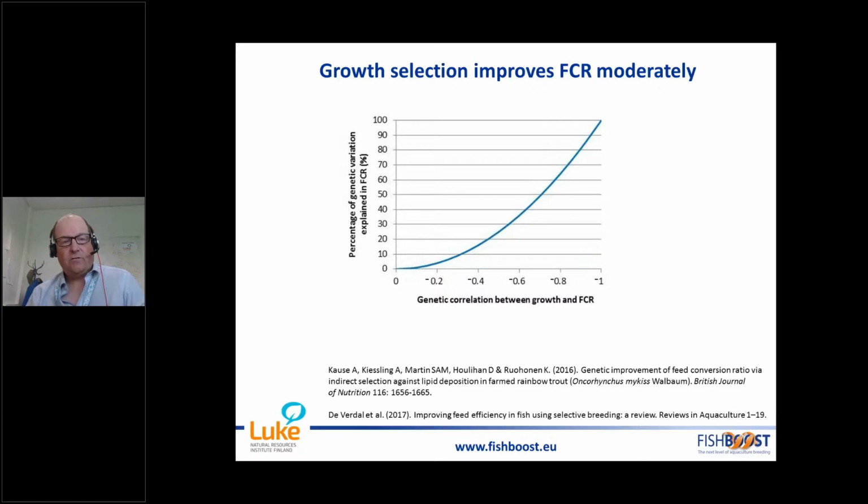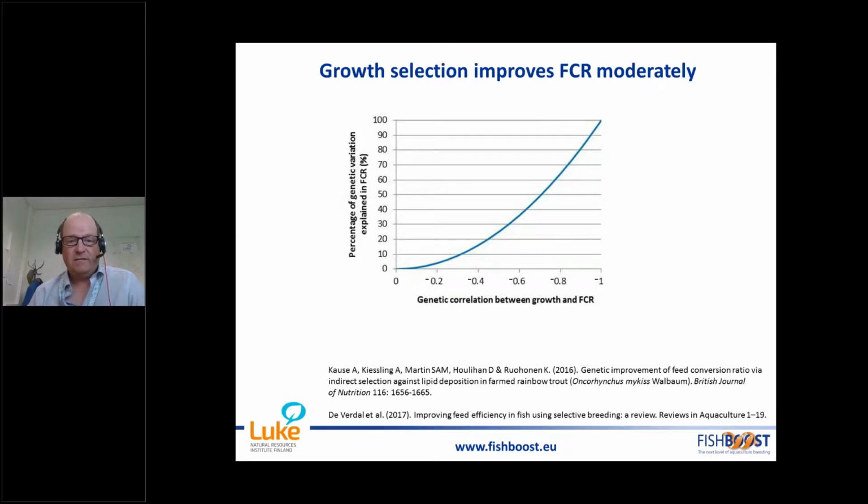Let's start with the growth. And this is a simple graph that I have drawn in Excel. On the x-axis, we have the genetic correlation between growth and FCR. And on the y-axis, we have the percentage of genetic variation that is explained in FCR by growth.